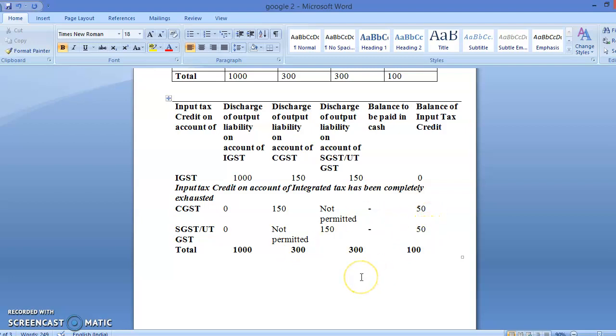This is the third option. So you can solve this problem in about 3 ways. Any of the 3 ways you can choose and do this.